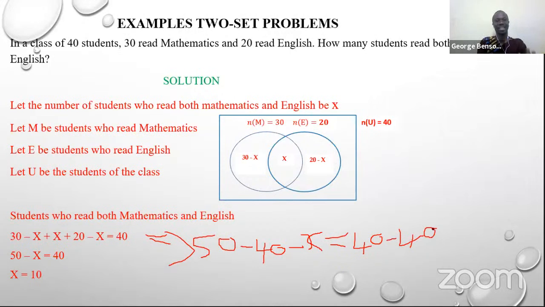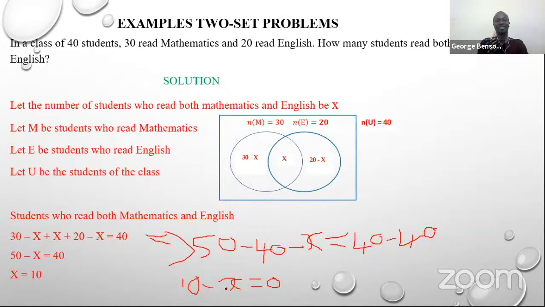So what I've done in the first case is try to eliminate the variable, that's the 40, first. This will bring me to 10 minus x, and it will be equal to 0, since 40 minus 40 will be 0.